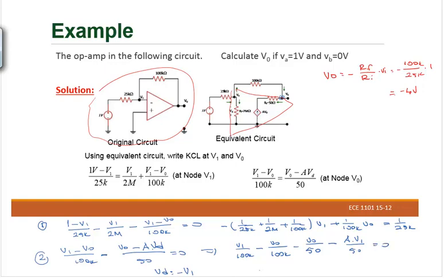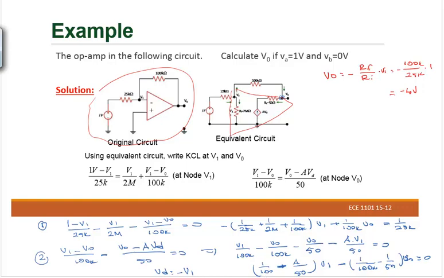If you put the V1s together here, I think we have 1 over 100 minus A times 50. This is negative V1. Then V0s, I'm going to put a negative sign. I'm going to have 1 over 100K minus 1 over 50 V0 will be equal 0.